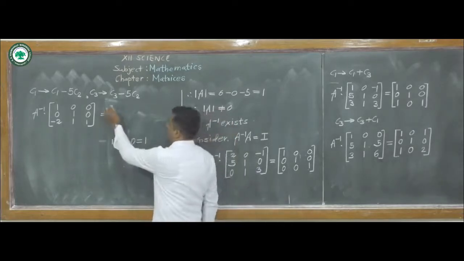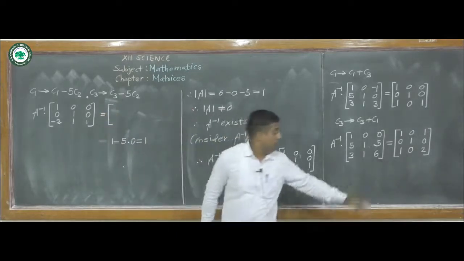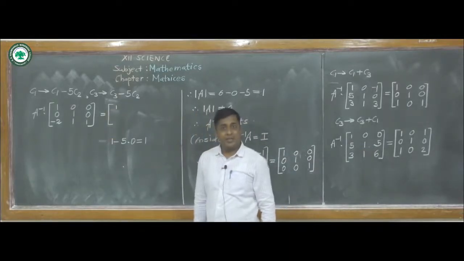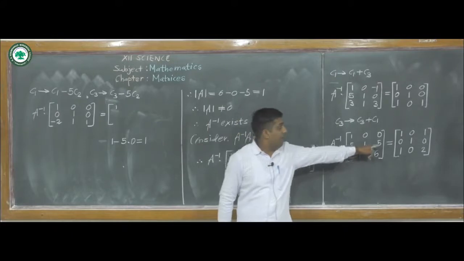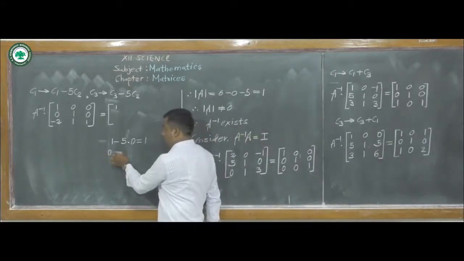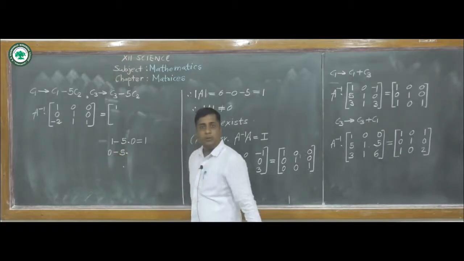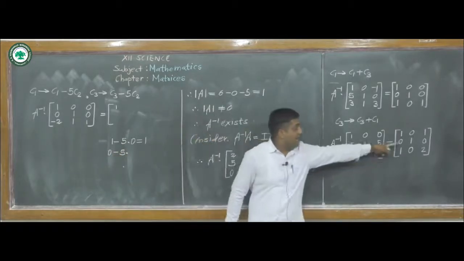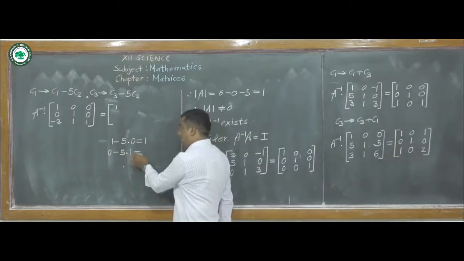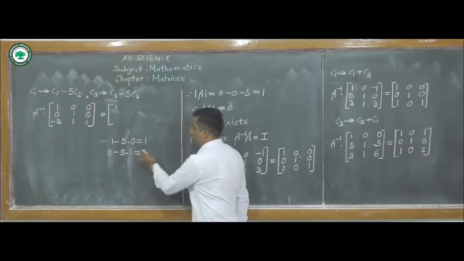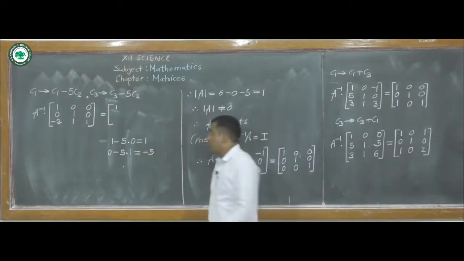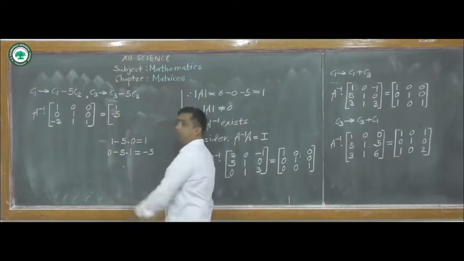In the position of this 1, again we have 1. Next, the second element from column first is 0. So 0 minus 5 into the second element from column second, which is 1. So minus 5 into 1 is minus 5. So in the position of 0, we get minus 5.